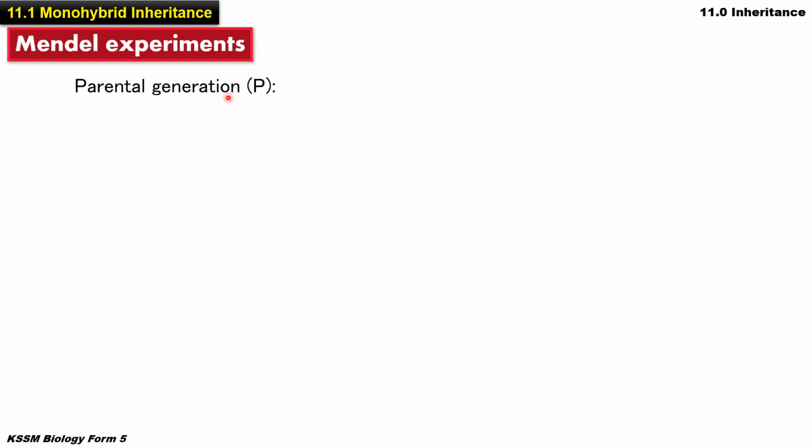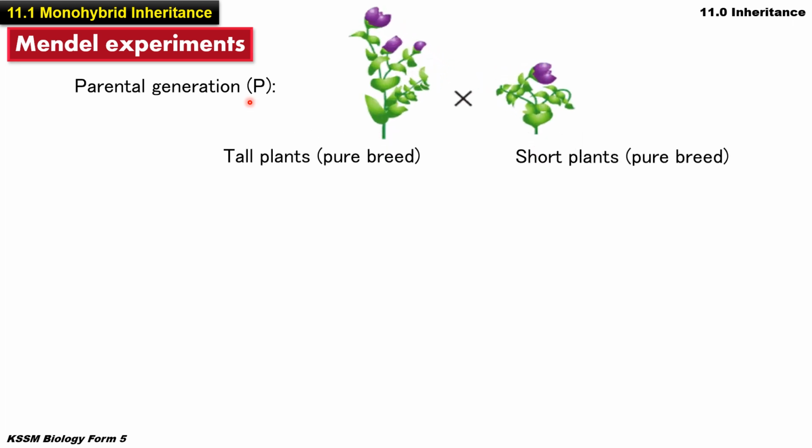Parental generation, P, double dot. Tak payah lukis sebab lepas ni ada gambar lukis. Apa yang you nak kena buat ialah, tuliskan saja tall plant cross with short plant. Maksudnya dalam satu baris yang sama dengan parental generation ni, tall plant cross short plant.